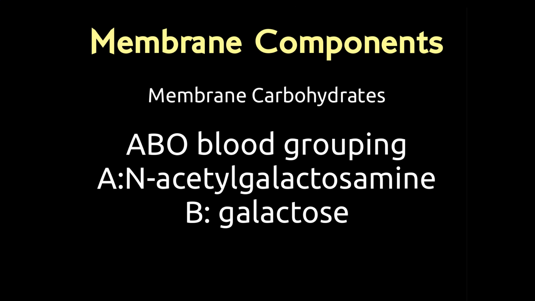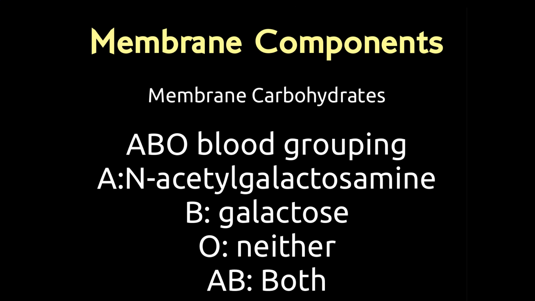If on that protein, on the carbohydrate chain, the terminal carbohydrate is a galactose, then you're type B blood group. If that does not have a carbohydrate chain on that particular protein, you are type O. And then you're type AB if you have both. You have some proteins that have the N-acetylgalactosamine, some of them that have the galactose.